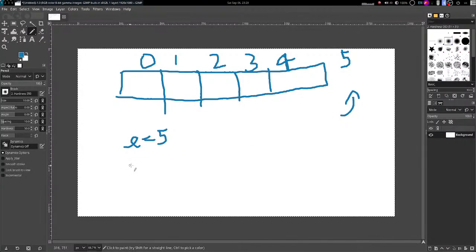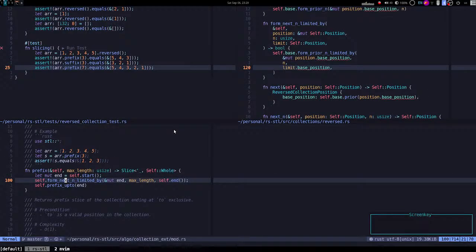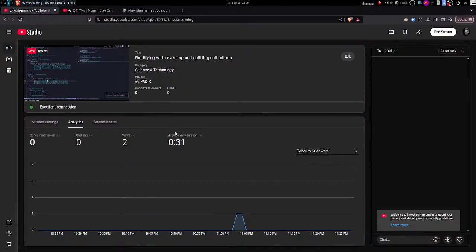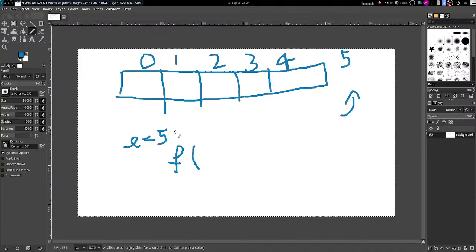So okay, form next, and so currently let's take it as multiple of end, right?